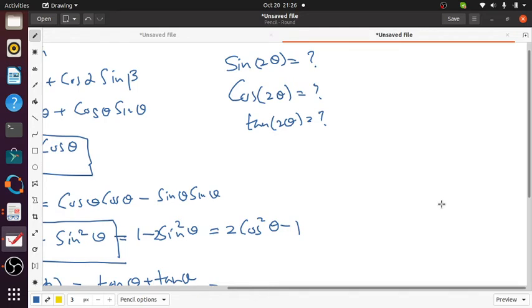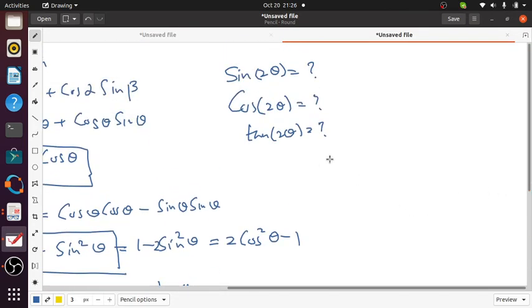Generally double angle formulas are not that important when we want to find trig ratios of unknown angles, but half angle formulas are used for that, and we will do another video on half angles. For now let's look at these double angle formulas and try to find an example.